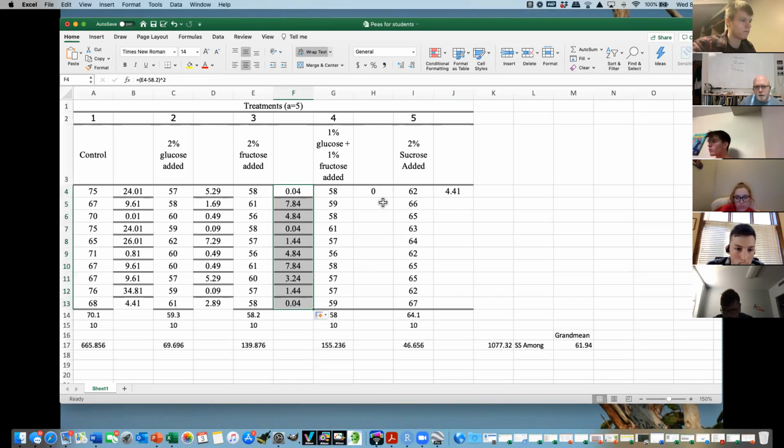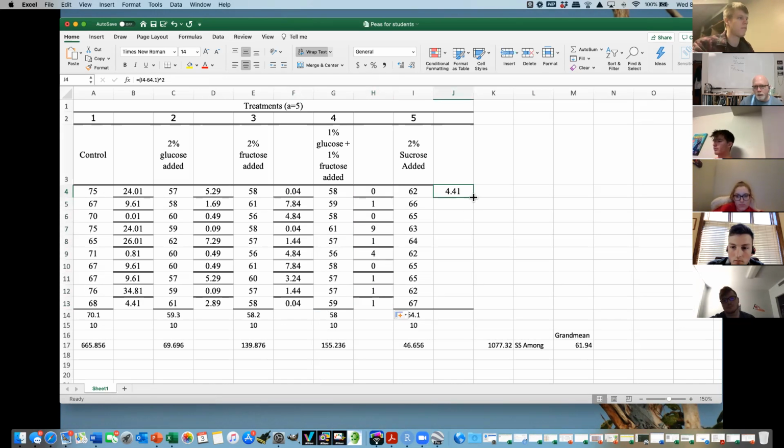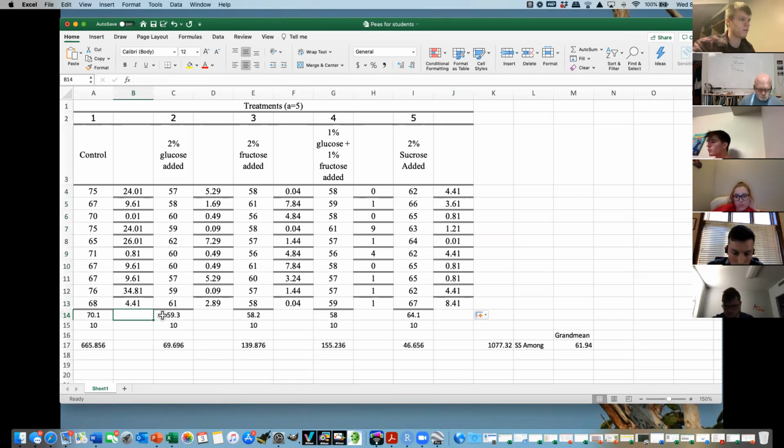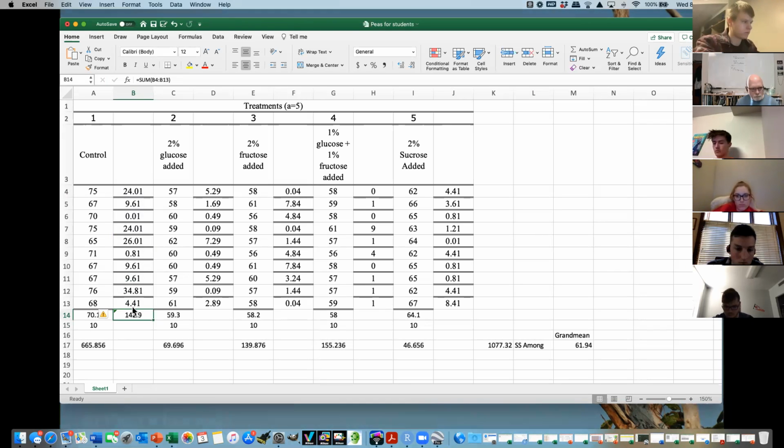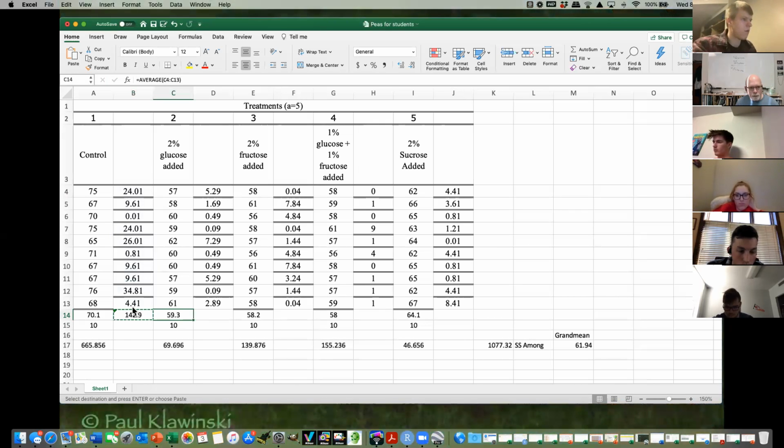So this is within sample variation. You see this one is 0 because 58 is the same as the sample mean. I can copy those down. And then I want to sum them within the sample, and I want to sum them for each of these.